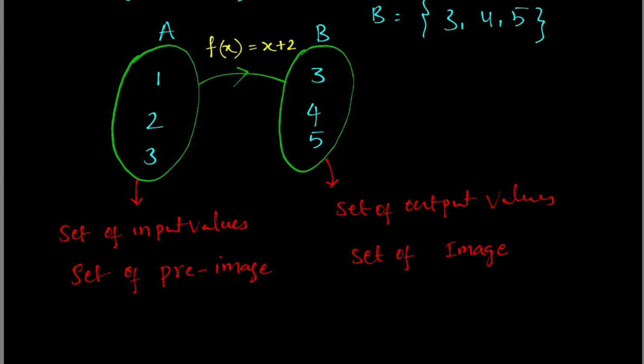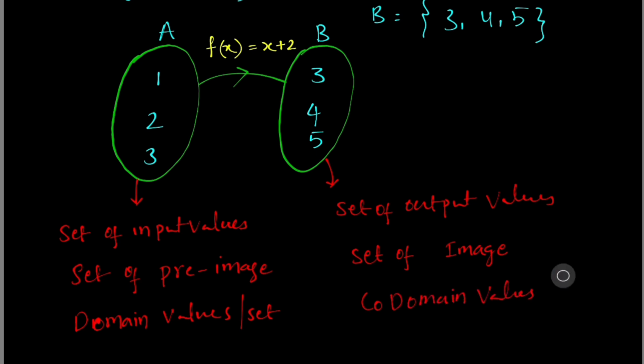At the same time, I can even say set A is the domain values, or domain set. Here I can say codomain values, or I can even say it as the codomain set.